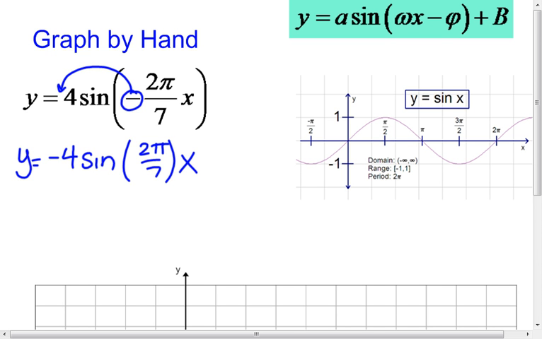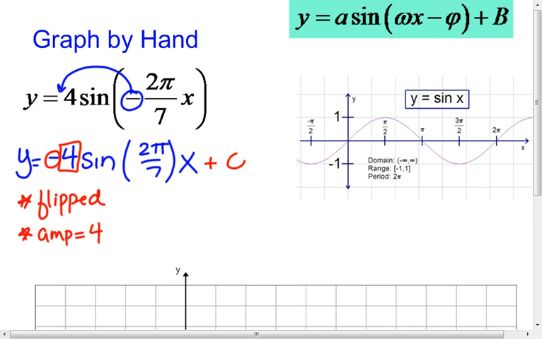Okay, so I want you to kind of go through those things again. Because I have a negative right here, that means that my graph is flipped, and I'll talk about what that means in a minute. This 4 out here affects its amplitude, so I know that my amplitude is 4.